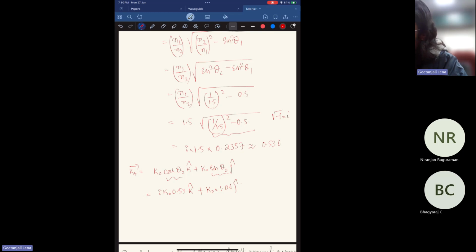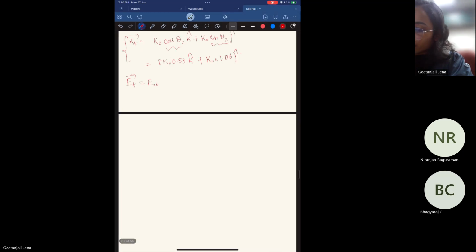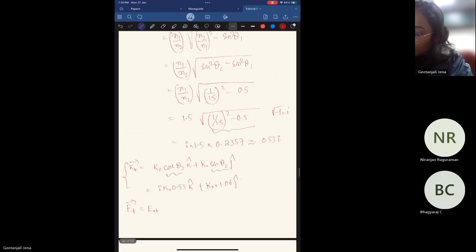Now for the transmitted field, you just have to put this KT in the general expression, which is E0T exponential I KXX, KZZ, which is I square, which is minus 1.